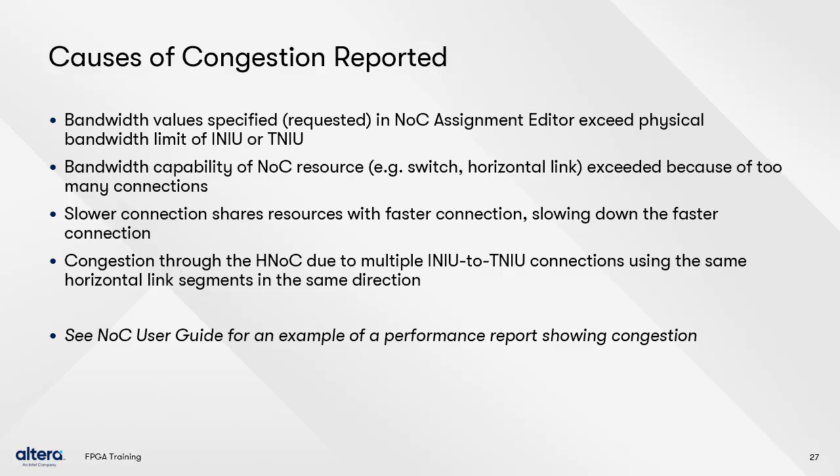The solution to many of these issues may be INIU or TNIU placement, but adjustments to the placement of target IP may be required as well. See the user guide for an example of a performance report indicating a congestion issue.